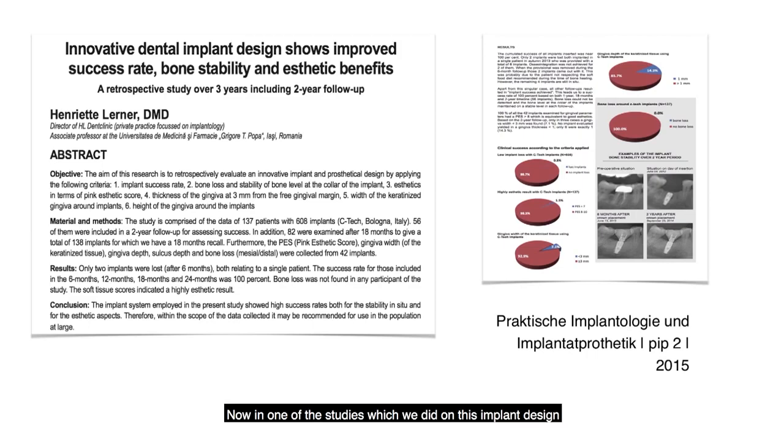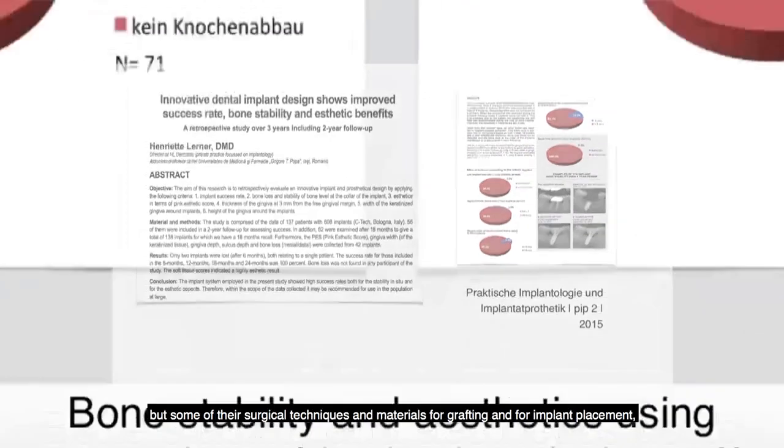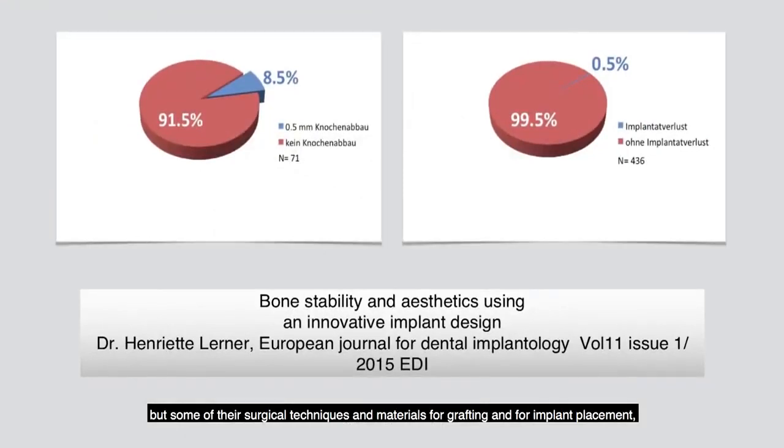Now, in one of the studies which we did on this implant design regarding the bone stability and aesthetic benefits, using not only the features of the implant, but some of the surgical techniques and materials for grafting and for implant placement, we had very good results concerning the bone loss, which was 0.5 millimeter in 90% of the cases.